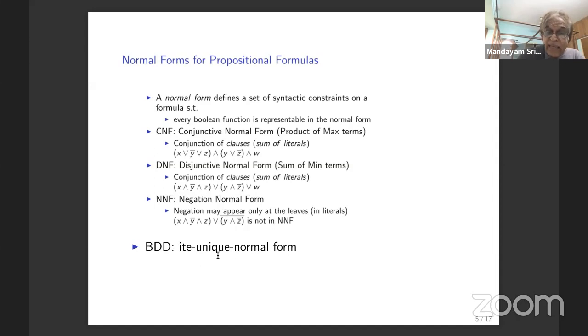The ITE normal form is a canonical form, unlike CNF and DNF, where there is a unique representation in this normal form for every Boolean function, which is not true for formulas in CNF and DNF. That's why BDDs are quite interesting as compact representations for Boolean functions, and they can also be used for deciding Boolean logic.